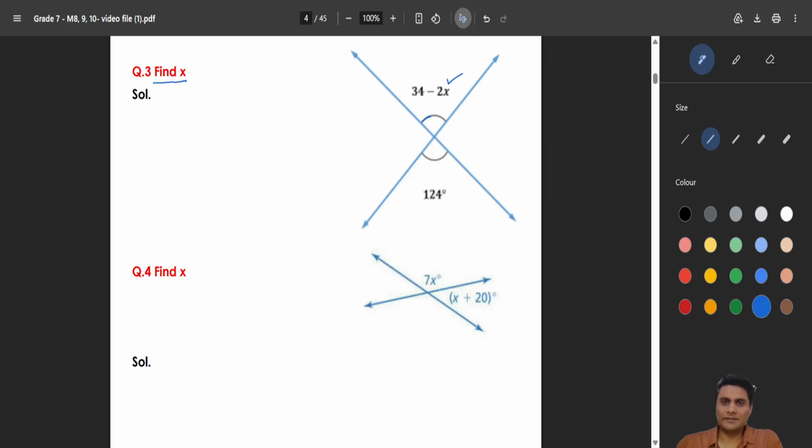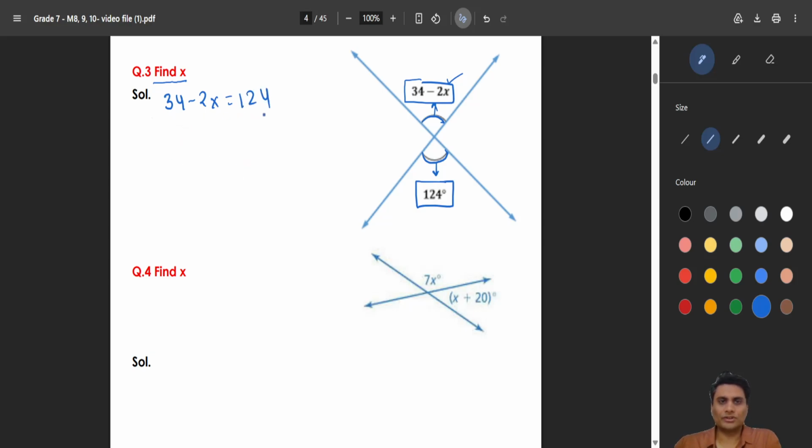We can clearly see these are vertical angles. Yes, because this is in upward direction, this is in downward direction. Are the vertical angles equal? Of course, yes. Which means this angle should be equal to this angle. Yes, let us write it here. 34 minus 2x should be equal to 124.